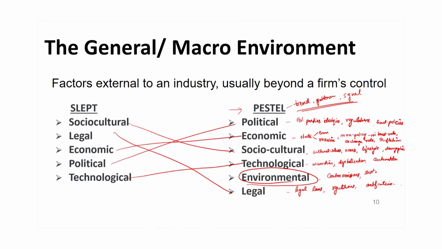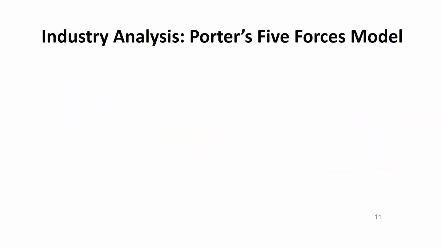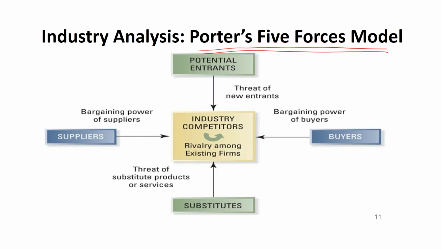Moving on to next, that is analyzing your industry or the micro or the task environment. For this, there is a very famous framework given by Michael Porter, which is known as Porter's 5 Forces model. It includes analyzing 5 factors which are important components of a particular industry.